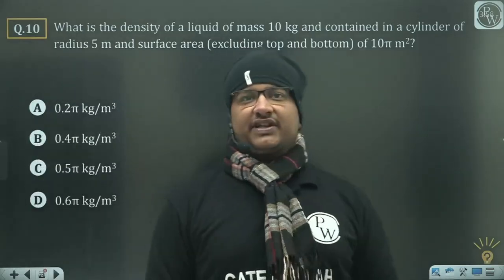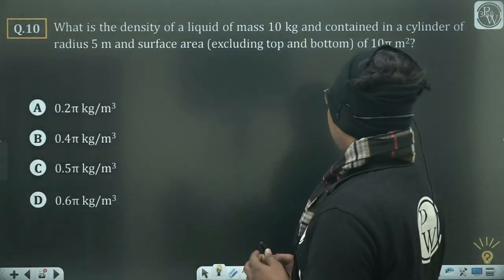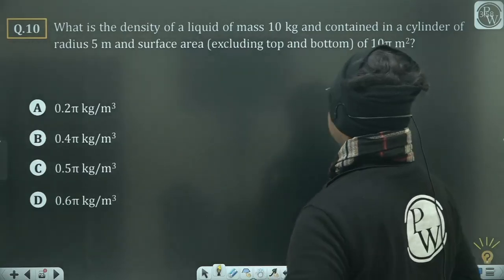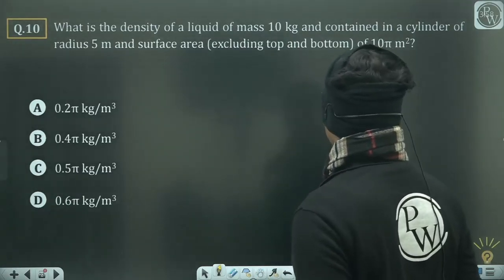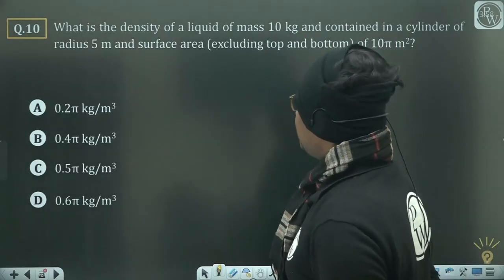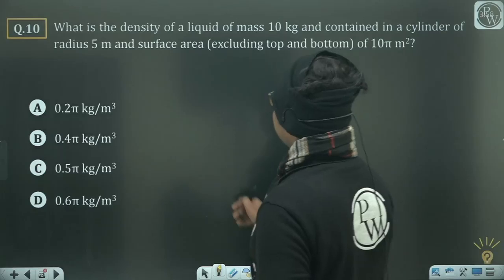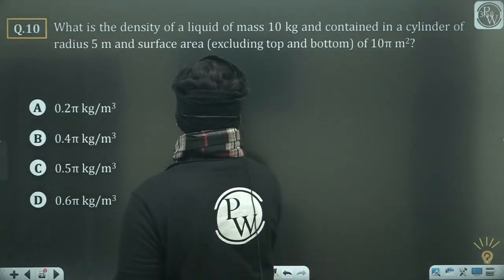Coming to the next question, that is the last question for all of you. Question number 10. What is the density of a liquid of mass 10 kg contained in a cylinder of radius 5 meter and the surface area excluding top and bottom of 10 pi meter square? It's a simple question. They are asking you the density and it will be mass divided by volume.